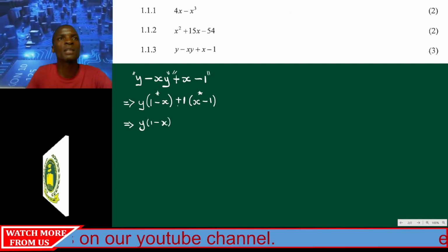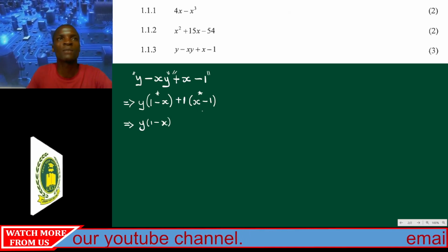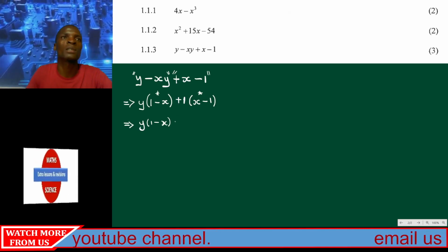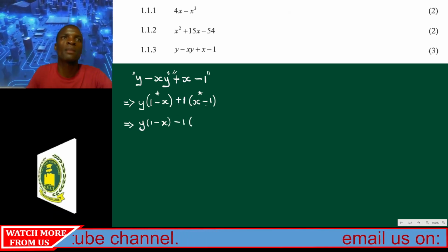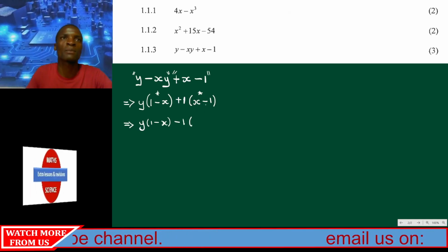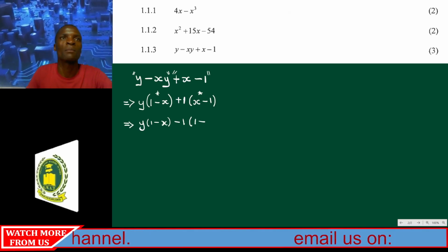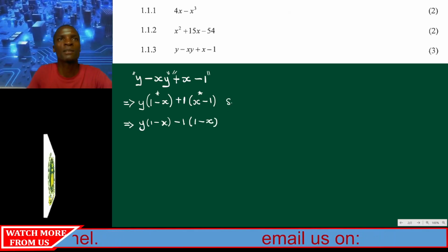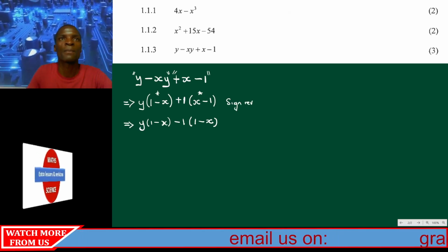Then you change the sign of the second bracket, or you change the sign of the coefficient of the second bracket. So here it was plus, you change it to minus 1, and then you invert the bracket. Instead of x minus 1, you interchange x and 1, it becomes 1 minus x. That's what you do in the case of what you call sign reversal.